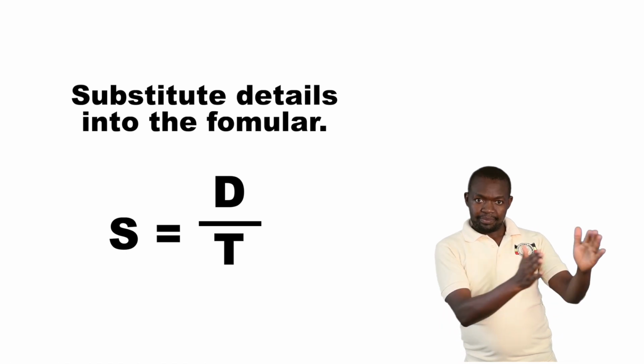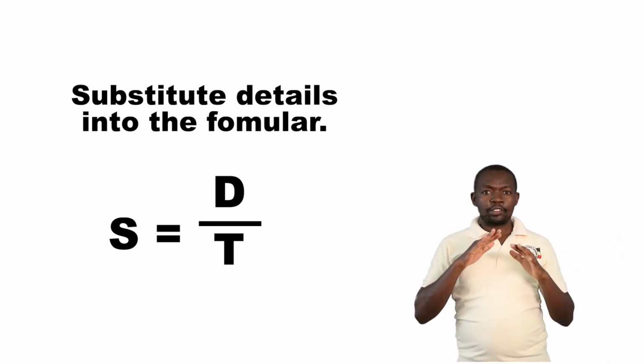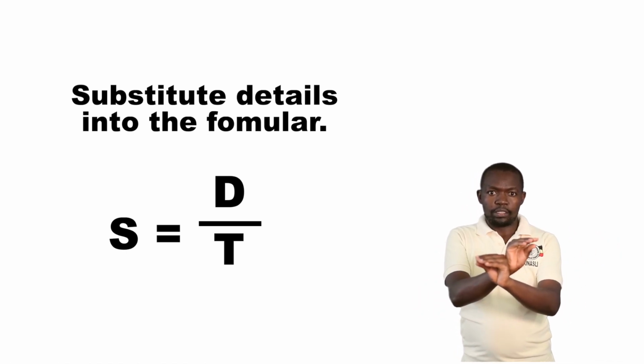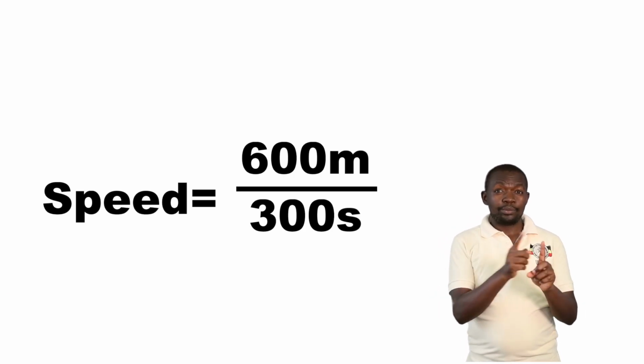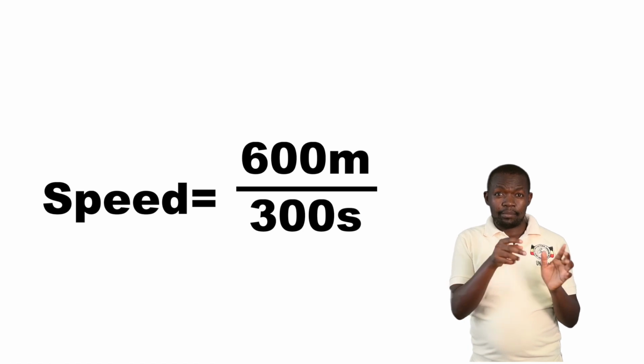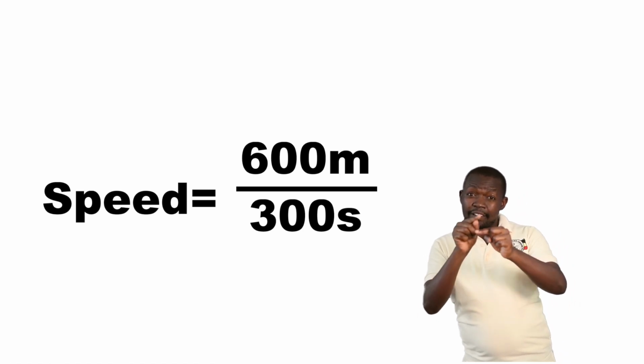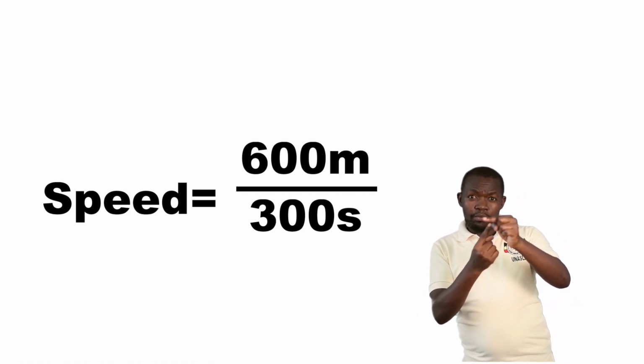Very good. So what do we do next? We are going to comfortably substitute our details into our formula, and then we get the speed at which Jane moves. Yes. So our speed will be equal to 600 meters over 300 seconds. Can you calculate that very fast and get the final answer?